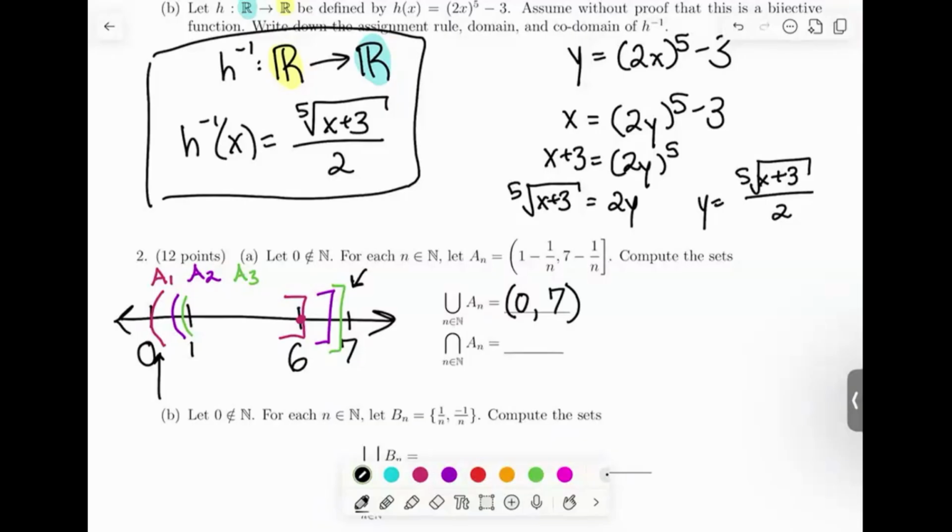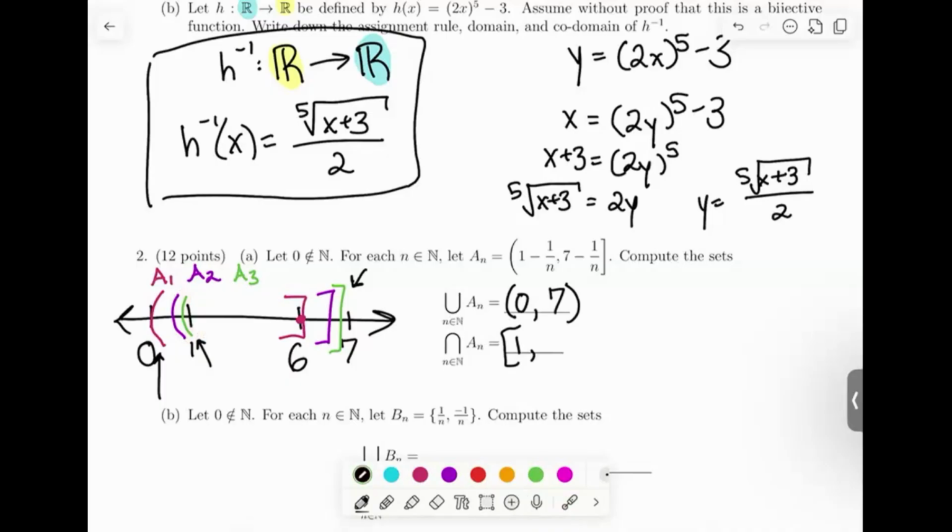And then the intersection, let's think about that. As n gets bigger and bigger over on the left, I get closer to 1. Every single one of my sets includes 1, because every set starts a bit to the left of 1, so they all have 1 in them.